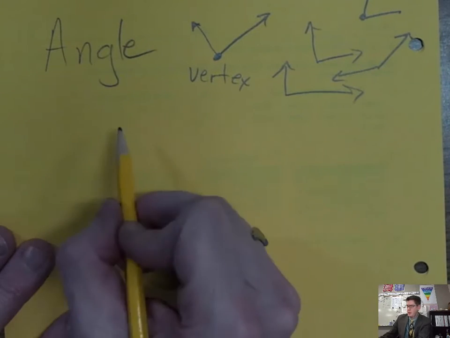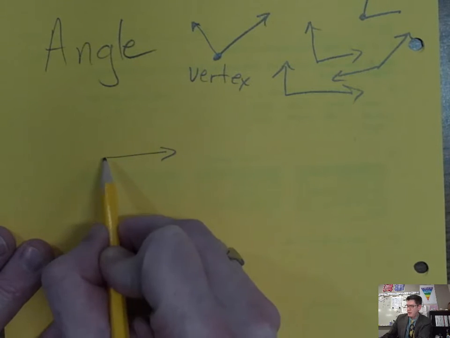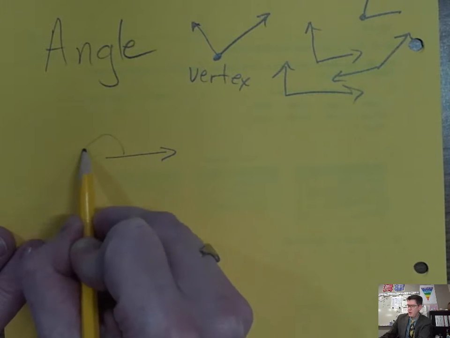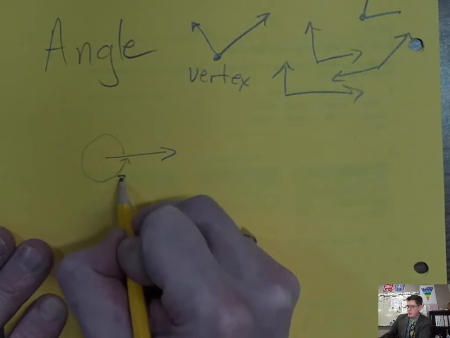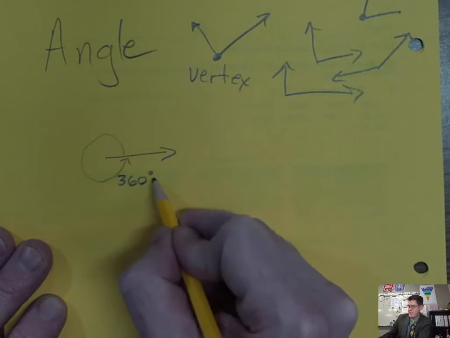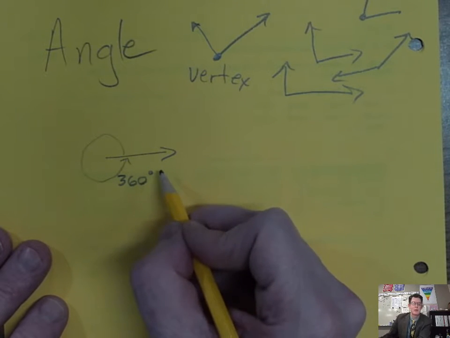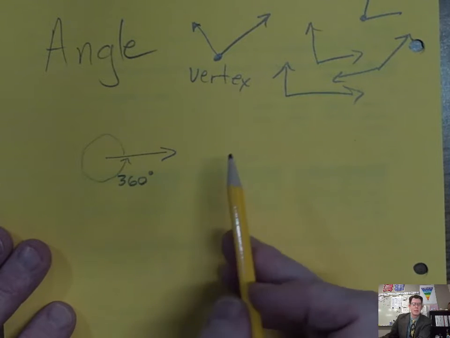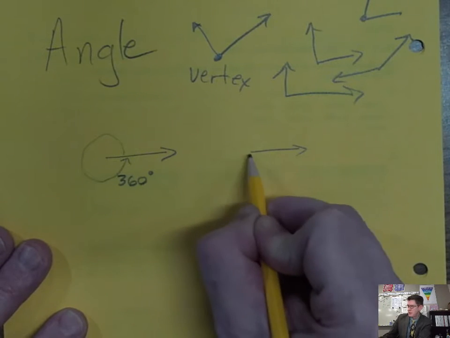Just by way of understanding, if we go all the way around this circle, a circle is said to have 360 degrees. There's other ways to measure circles you'll learn about in high school, but we're measuring them by degrees.